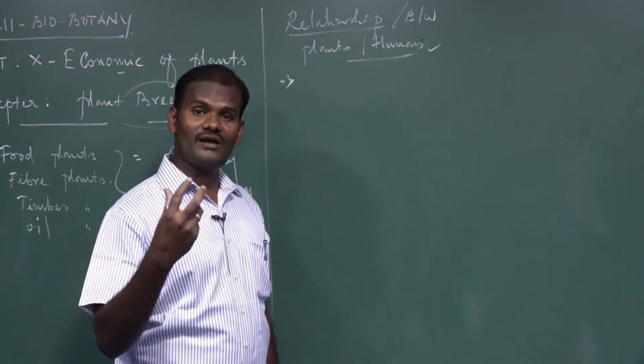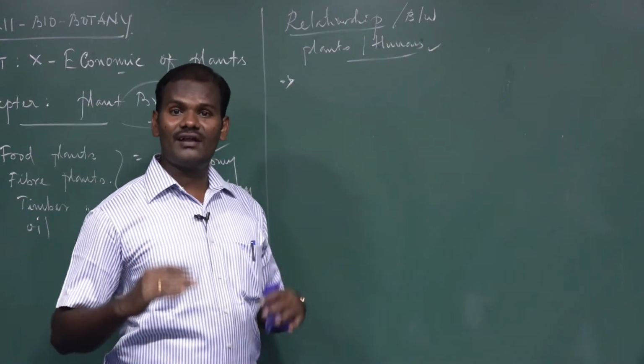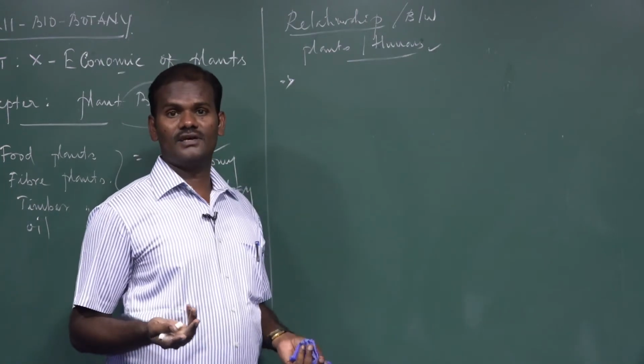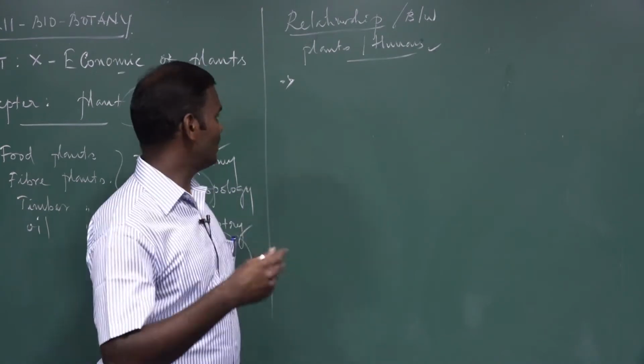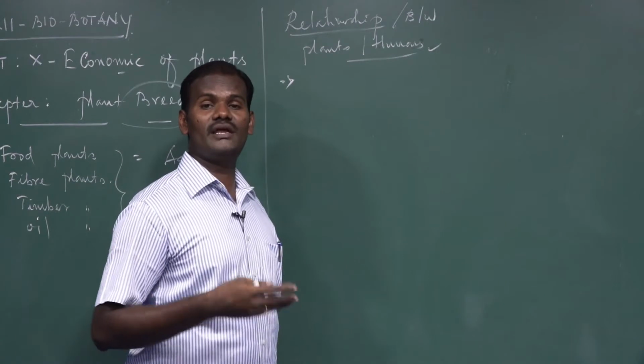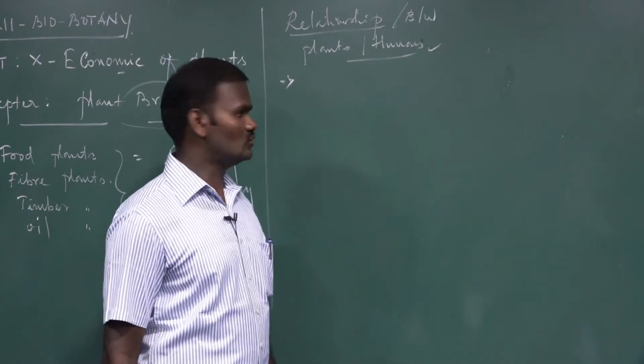Discovering a variety of plant species from different parts of the world made our life sophisticated. So depending upon the plant species, human civilization developed in many ways. These are the relationships between plants and human society.